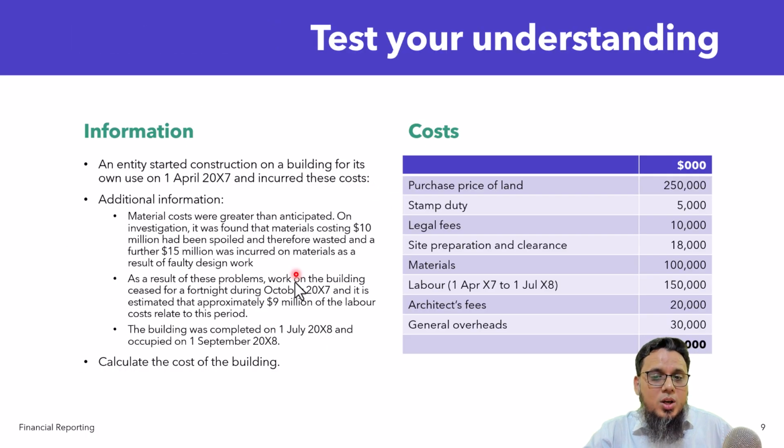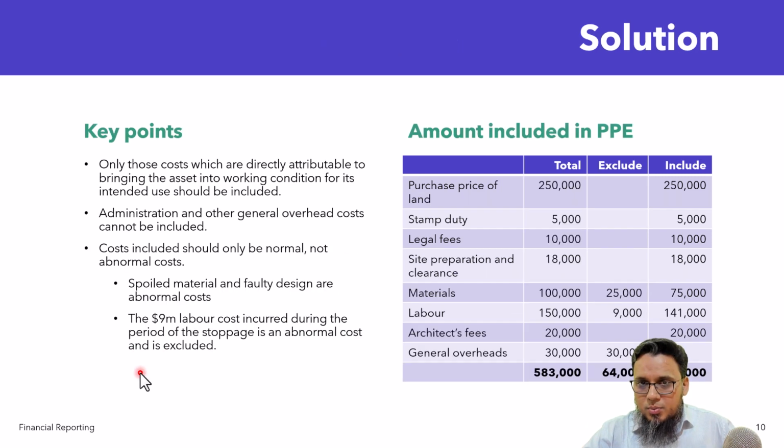The asset was brought into working condition on 1st of July. So you might not have the building occupied for another year or so. That doesn't mean that you don't start depreciating the asset. You have to capitalize on the day it was ready and available for use. So that takes care.